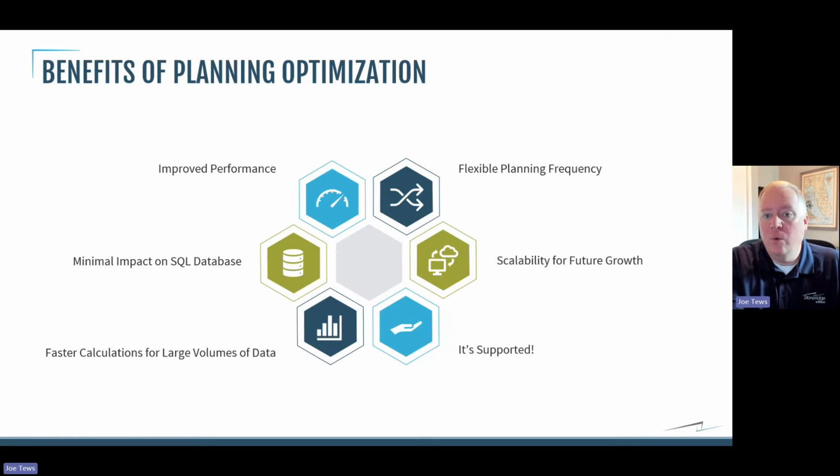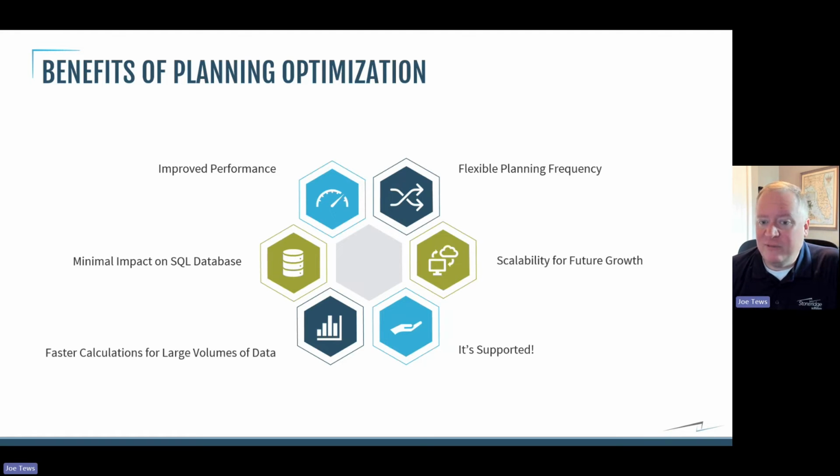Now, because we have moved the core processing of master planning outside of the system, you have more flexible planning frequency. Unlike being limited to those daily runs, planning optimization allows for more frequent planning cycles. This enables planners to adjust their schedules based on the business needs without compromising system performance.